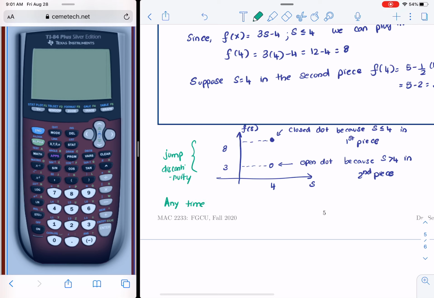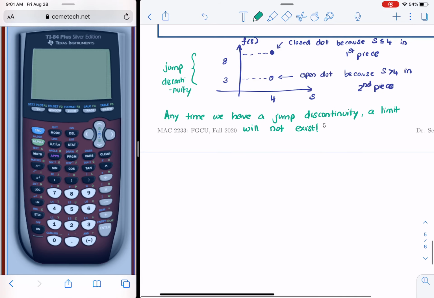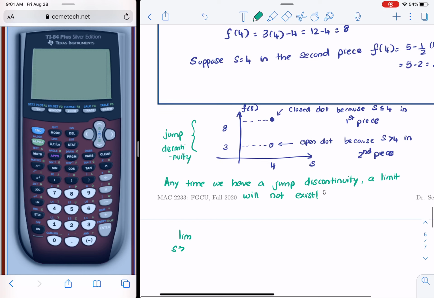Anytime we have a jump discontinuity, a limit will not exist. Why so? When I approach, I could draw this.